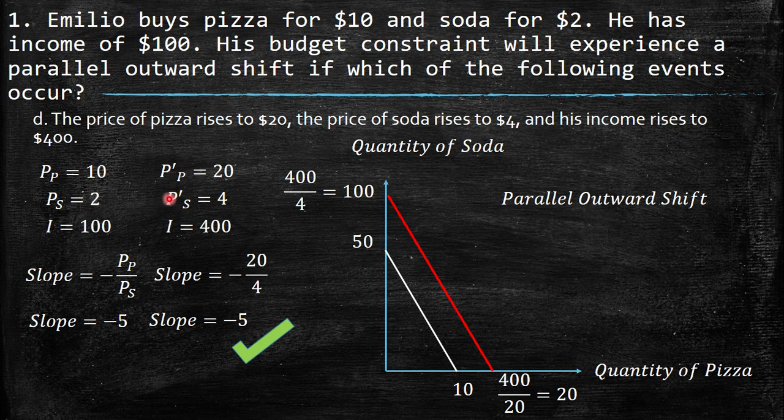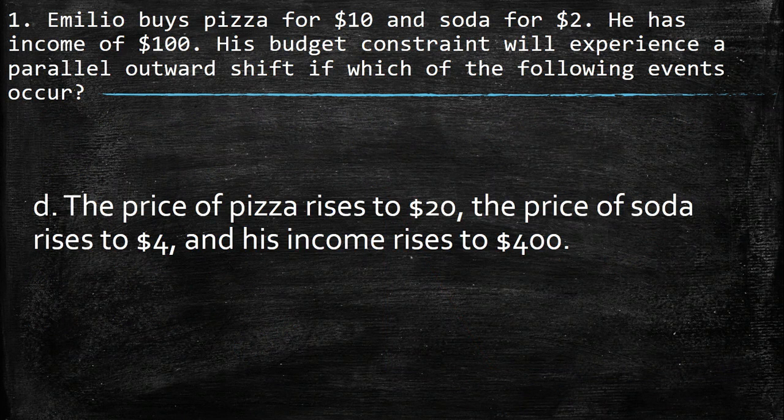So besides the increase of the price, it was compensated with 4 times the income, which makes it a parallel outward shift. Then this should be the answer.